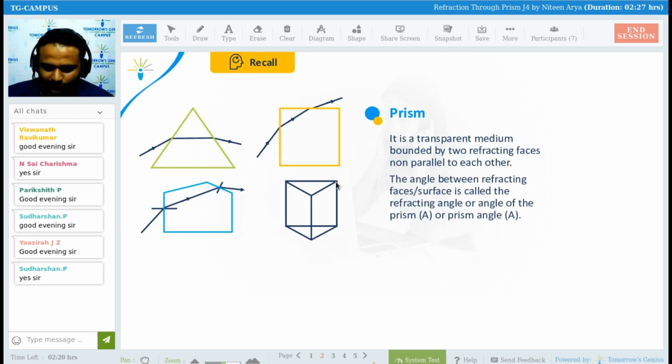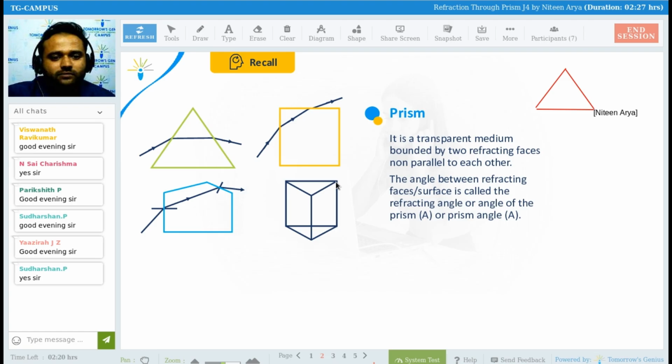So, first of all, what is a prism? Till now you know a prism as a triangle, but in actual there is more to it.